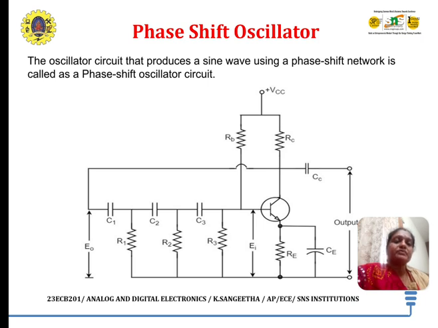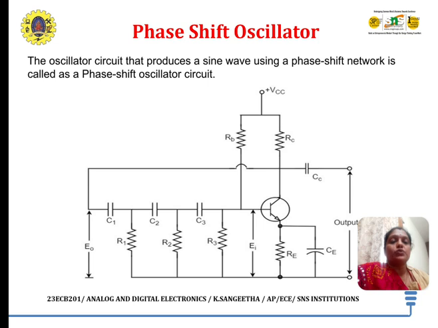Here a transistor is used as an amplifier, and there are 6 components, that is 3 resistors and 3 capacitors, used in the feedback network.